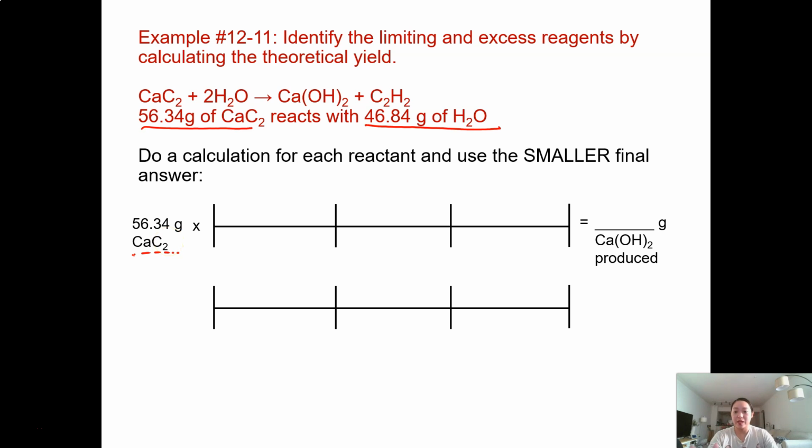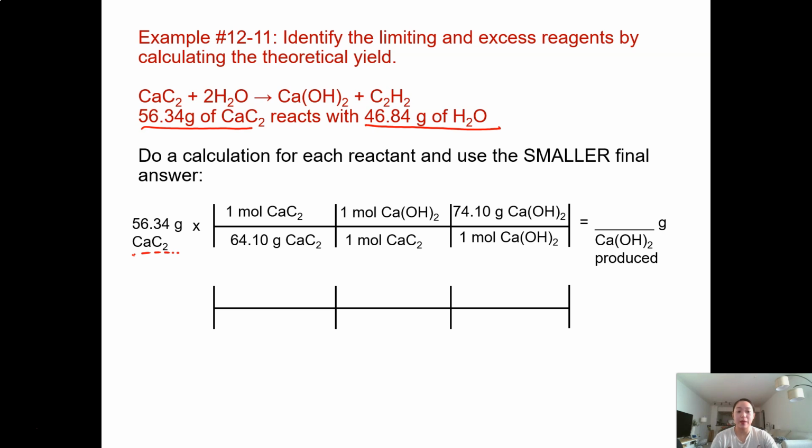In order to get from gram of calcium carbide to gram of calcium hydroxide, we're going to do some stoichiometry, converting from gram to mole, and then from mole of one reagent to mole of the other reagent, which is calcium hydroxide. Then you can convert that back to gram by using the molar mass, giving me this much amount of calcium hydroxide produced.